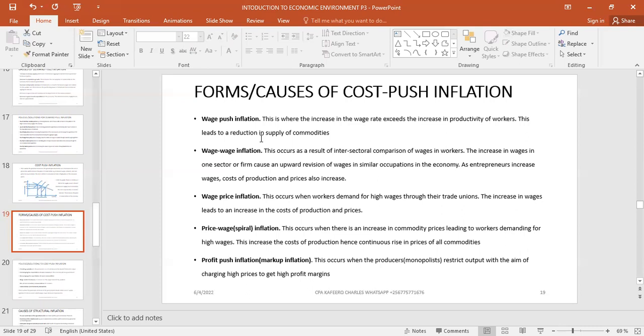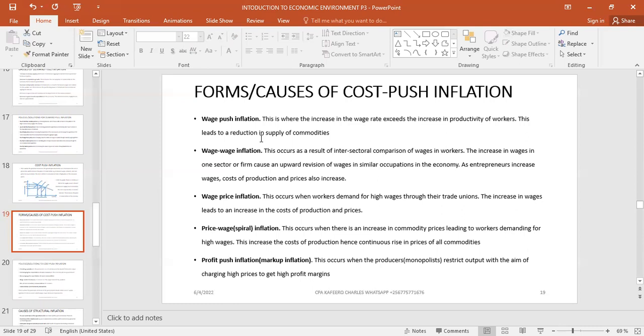This means the increase in wages in one sector or firm causes an upward revision of wages in similar occupations in the economy. As the entrepreneurs face demands for more wages, we expect that the cost of production is going to increase. As it increases, then automatically it will force the price of the final products to be high, which causes inflation.